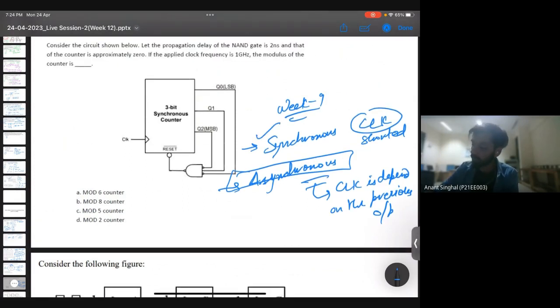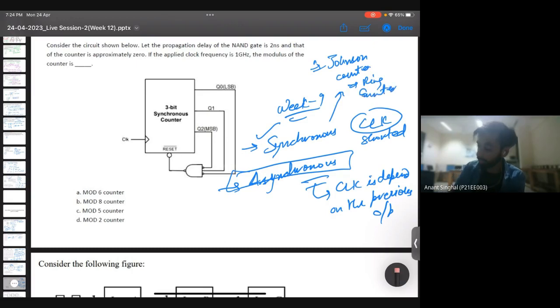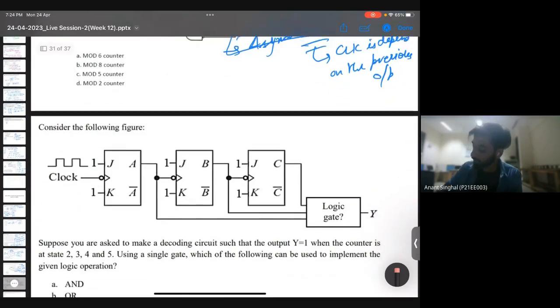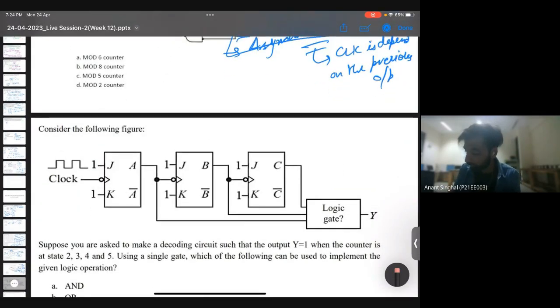Synchronous questions are quite easier, and in this you have two main circuits. One is the Johnson counter, one is the ring counter. And for asynchronous we have certain circuits, so you need to know how to solve them. Like this, you can directly see that this is an asynchronous counter, so they are trying to make you realize the expressions here.